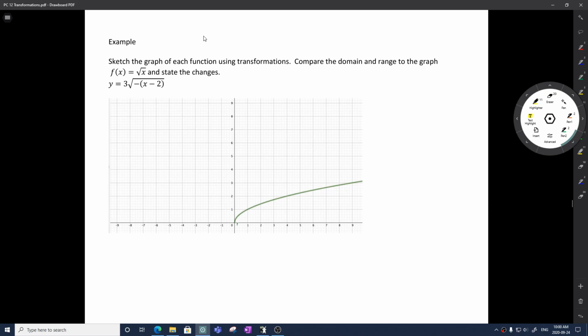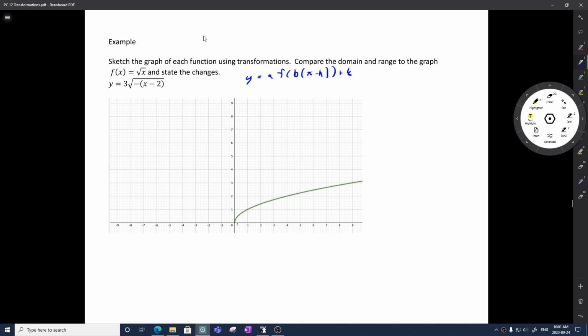I'm going to build this up, applying each transformation. So first things first, I need to identify what my transformations are. In other words, I need to identify A, B, H, and K.